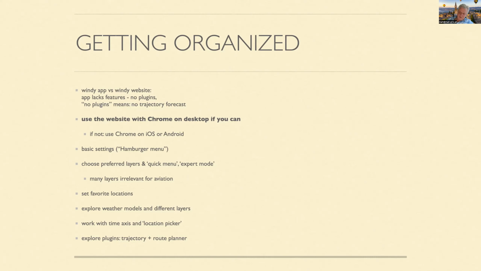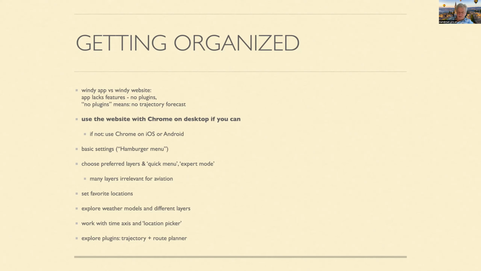So what you can do, we'll walk through the major elements in the user interface, on how we choose preferred layers, also to reduce screen clutter, because layers like sulfur oxide and sea swell are not particularly relevant to us, so we'll cut those out, and that leaves some more real estate on the screen. You can set something like favorite locations, or your standard takeoff location, if you will. We'll explore weather models and layers.